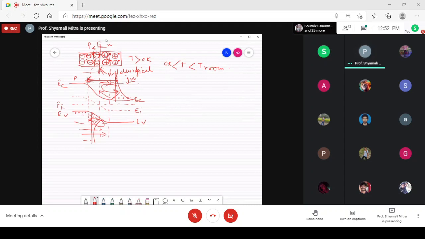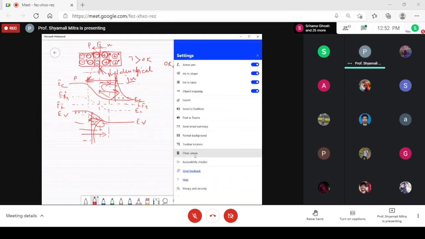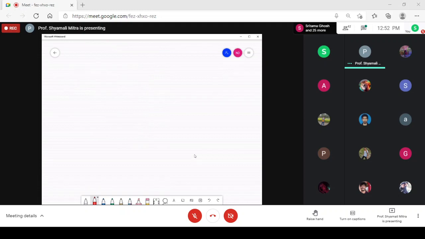So, going with this picture, this is EI, the intrinsic Fermi level, EFI. I can designate it as EFI, and here also it is the EFI. I think I should draw that on a separate page. So this is your P side, and this is the depletion region.